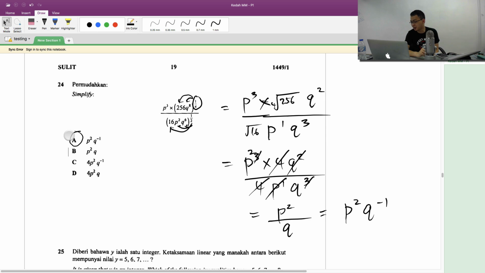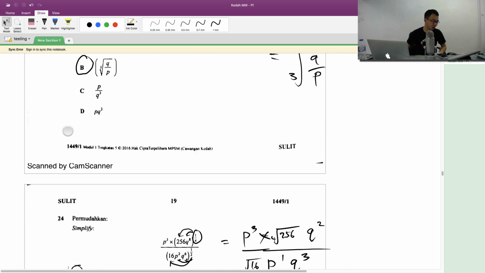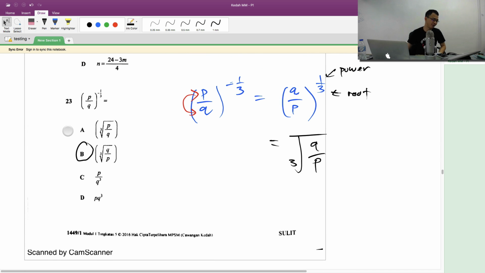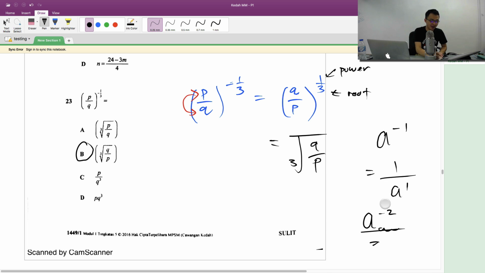So why should we flip over it? Okay, since you asked me about that one, I will go back to why we can flip. First thing you have to understand is the meaning of negative. If A power of negative 1, negative basically means 1 over A power 1. If A power of negative 2, it means 1 over A power of 2. If A power of negative 99, it means 1 over A power of 99.